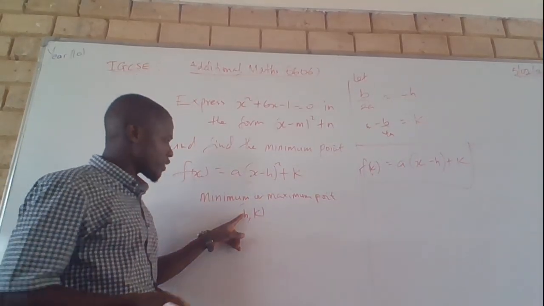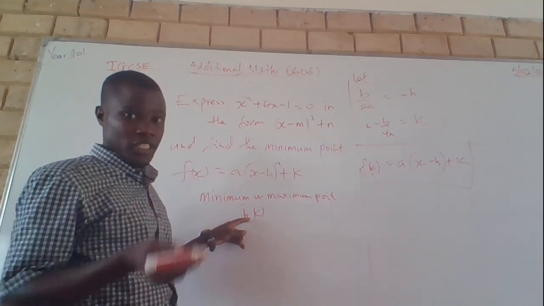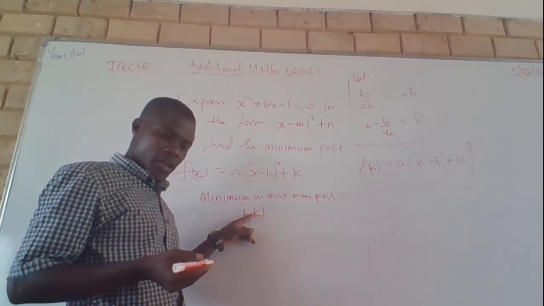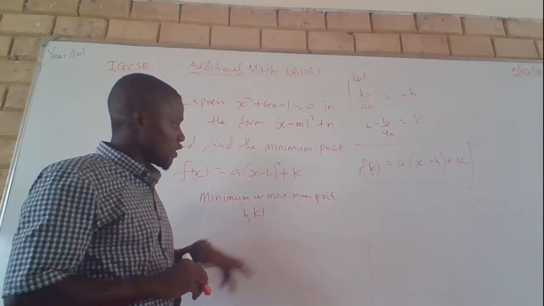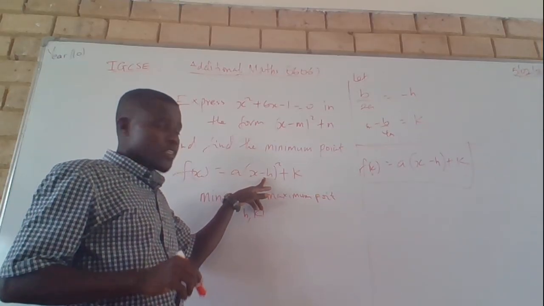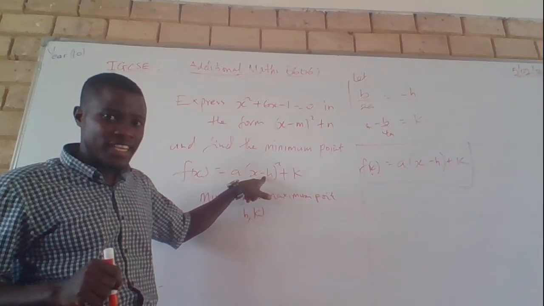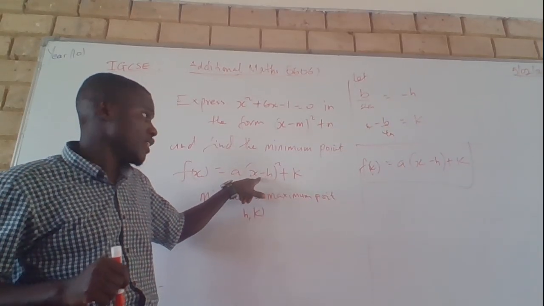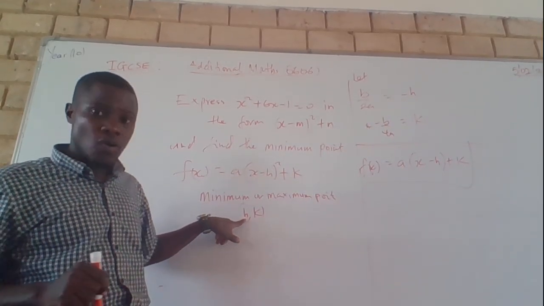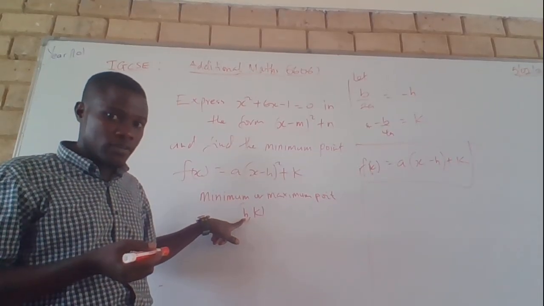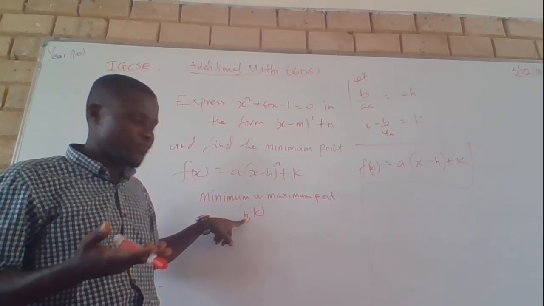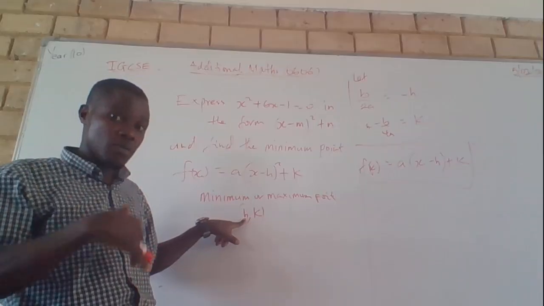The h can be negative or positive, and the k can be negative or positive. What happens if you get a negative number here, let's say negative 3? That means you are going to take the opposite, so it has an opposite effect on the minimum or maximum point, all right?